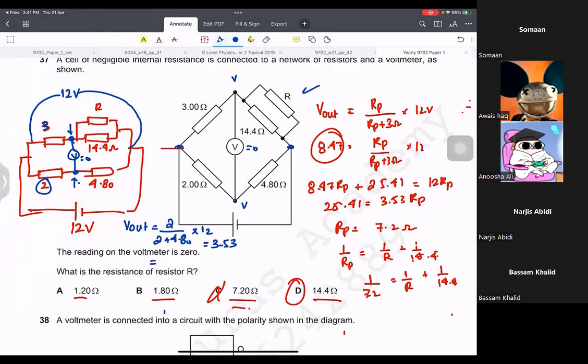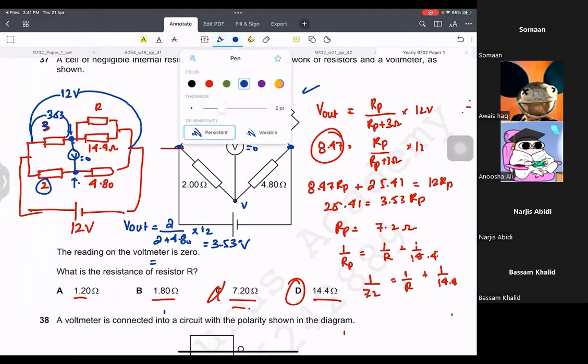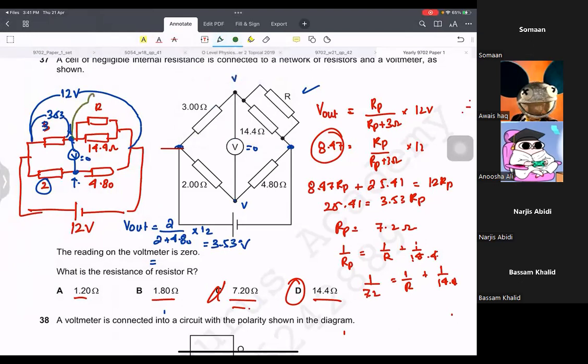Yeah, so I got this voltage. It means that 3 exclusively got 3.53, and then this section would get the rest, which is 12 minus 3.53. That was 8.47. Okay, Anusha?